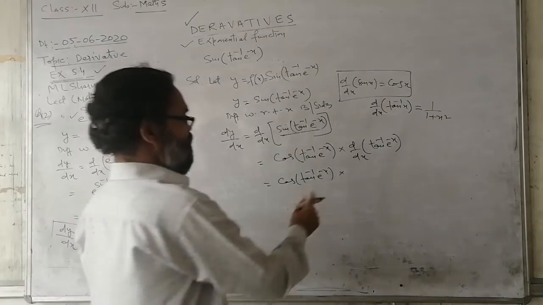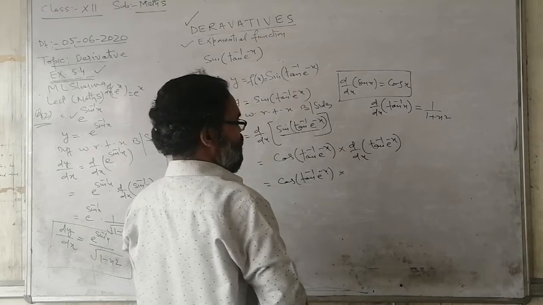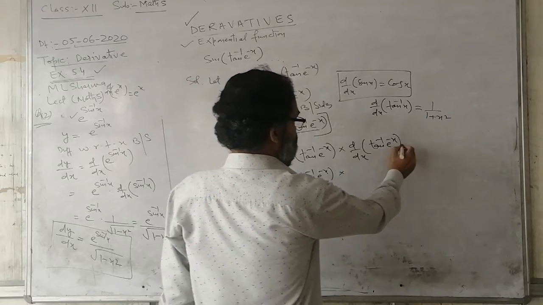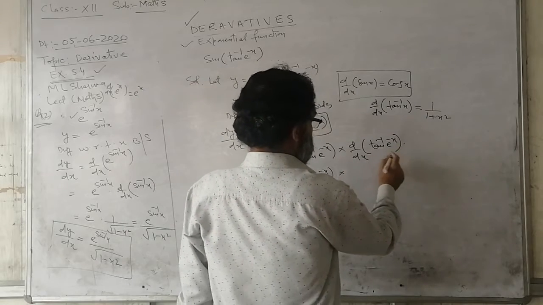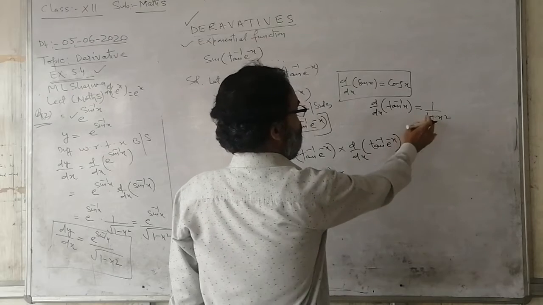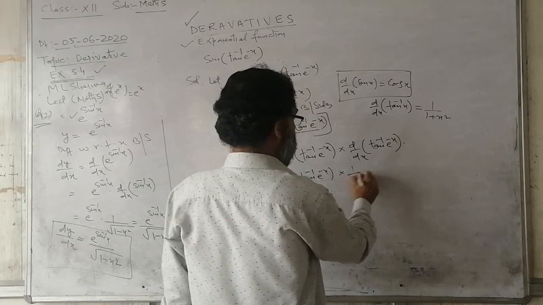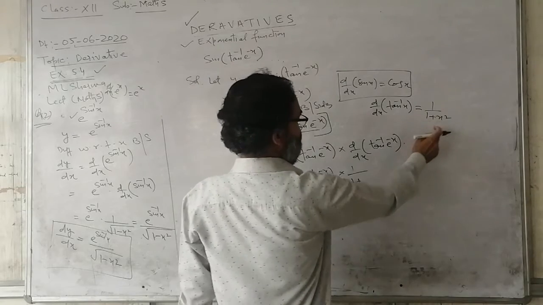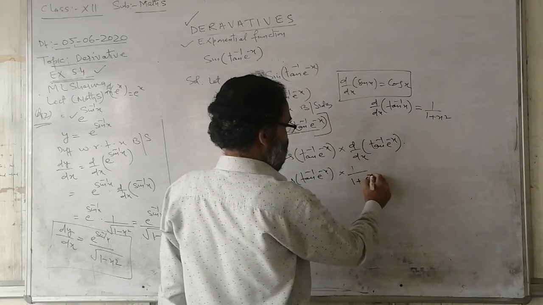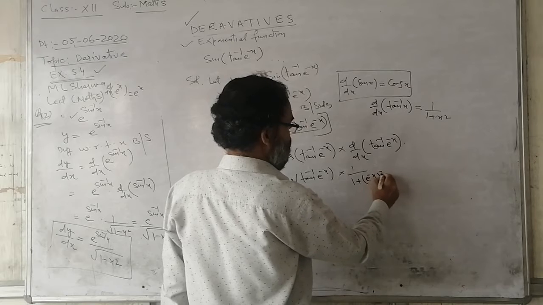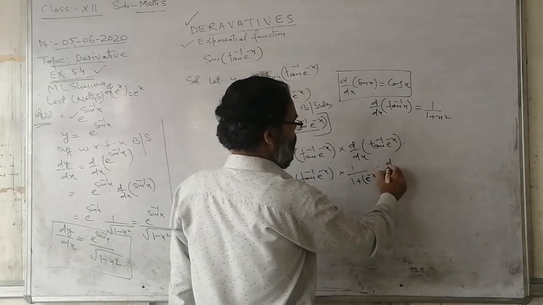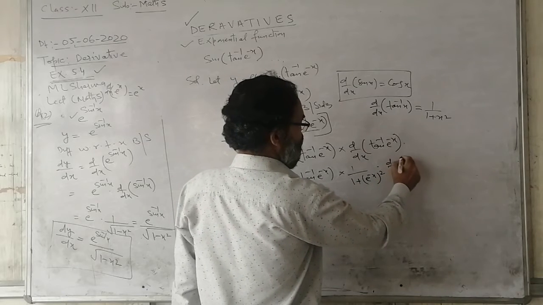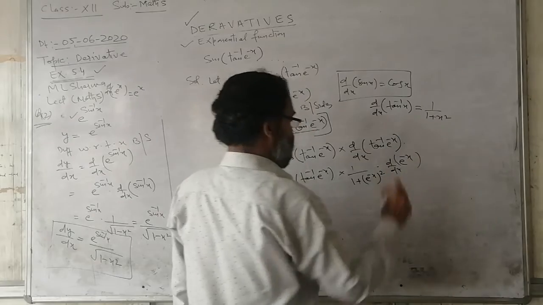So derivative of this will be 1 upon 1 plus, instead of x square you will write e raised to minus x its square, into again derivative of e raised to power minus x.